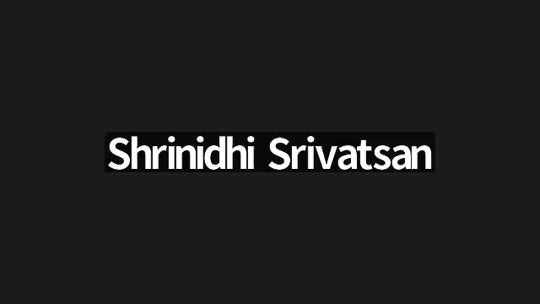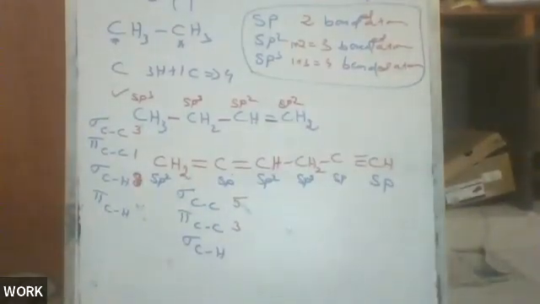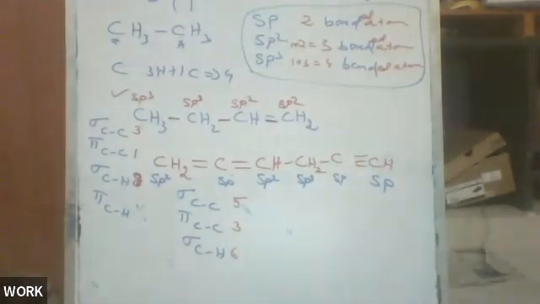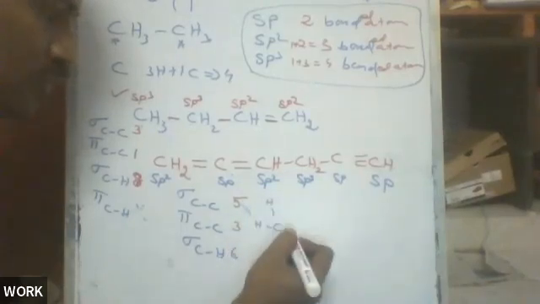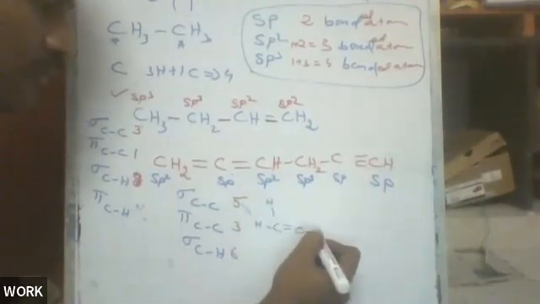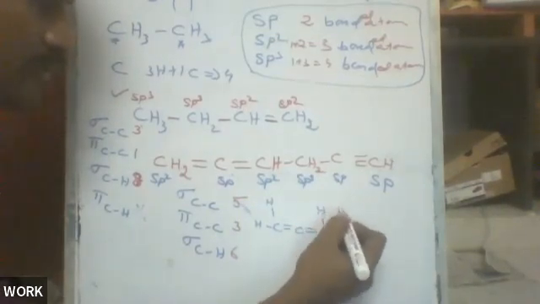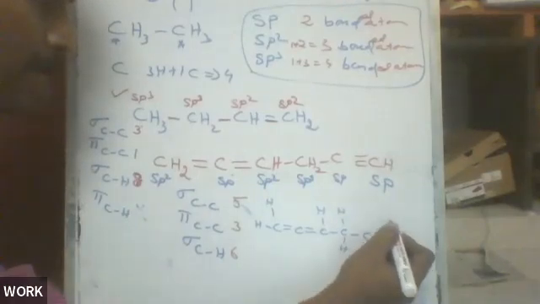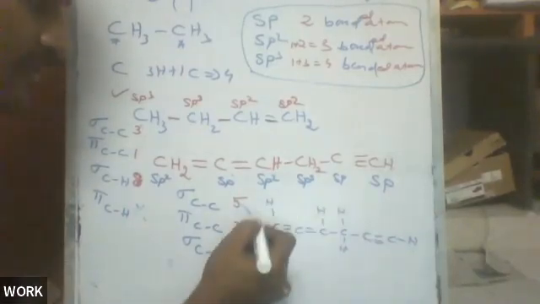I am getting only 6. Let us write it and see. Carbon-hydrogen 1, 2, 3, 4, 5, 6.